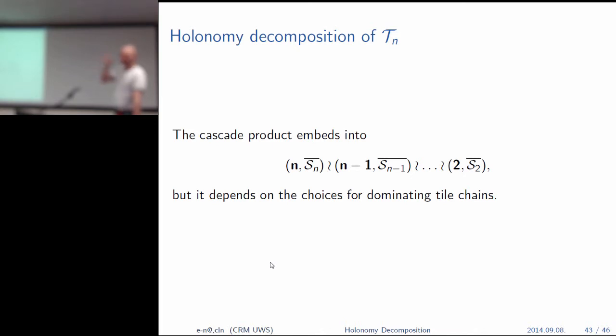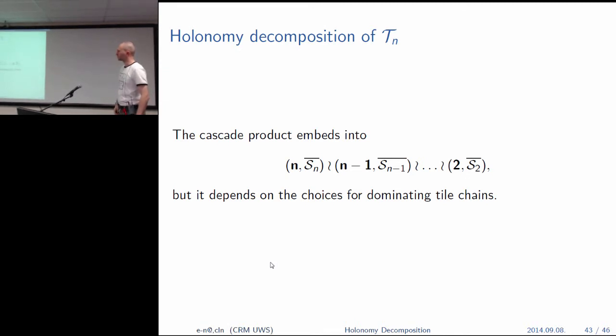Second level, you have n-1 states and the symmetric group of degree n-1 acting on it, and you go down to S2, basically Z2. So this is how we can decompose that. This is an easy one. You don't even have to go through the whole holonomy decomposition. You can figure this out.